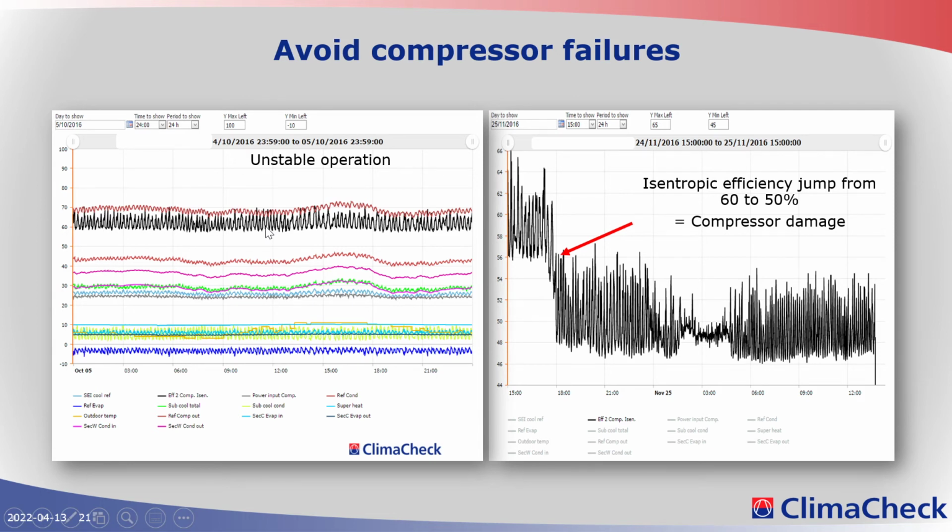This increases the wear of the compressor drastically, and this was not corrected, so it didn't take very long before you can see here how the compressor that was running at 55-60% efficiency, then suddenly here it drops to below 50, with severe damage to the compressor. These continuous variations are not good for the reliability of compressors.